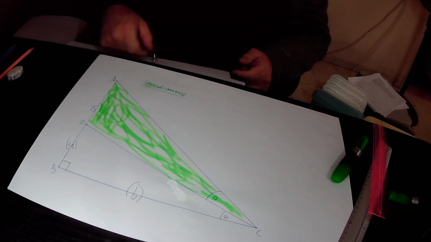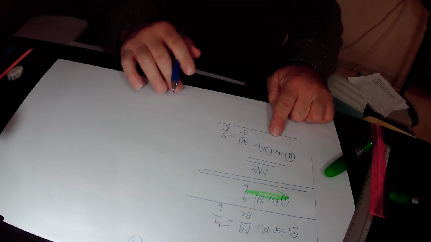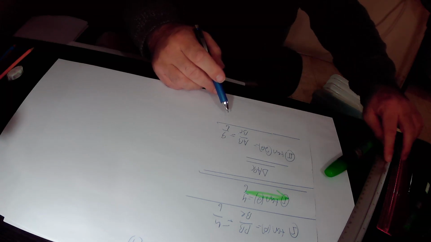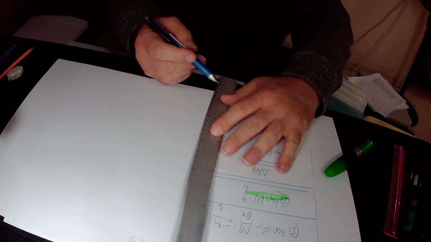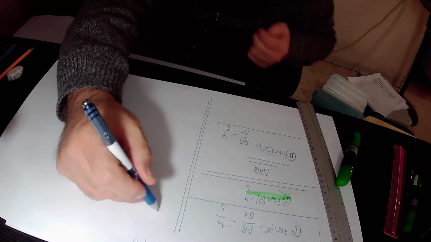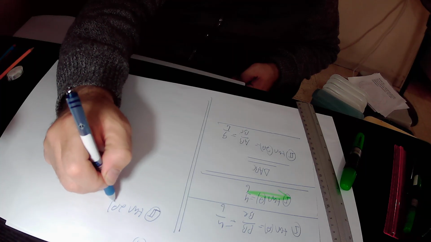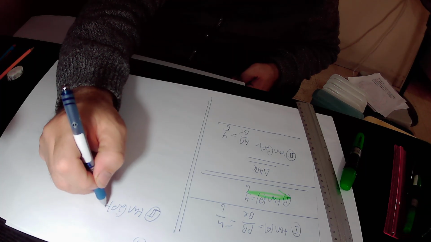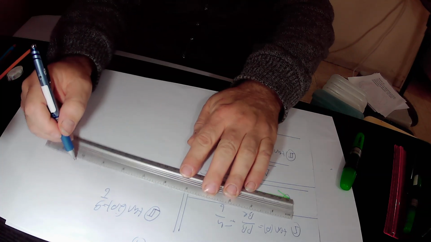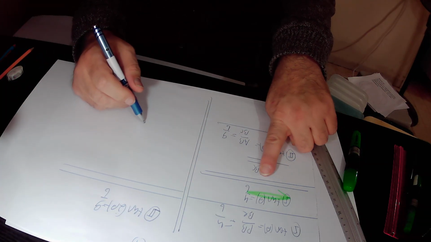BC equals B. So in total, we found out that according to equation 2, tangent 2 theta equals 9 over B. This is according to equation 2. Right, according to equation 1, we already found out that tangent theta equals 4 over B.